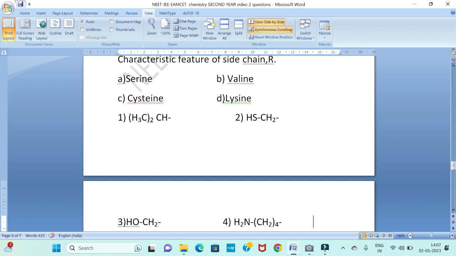Serine. Serine is HOCH2 dash. So how can you remember? Serine means I thought saline bottle. If you are suffering from cold and heat, fever, you are weak, so they put some saline bottle.